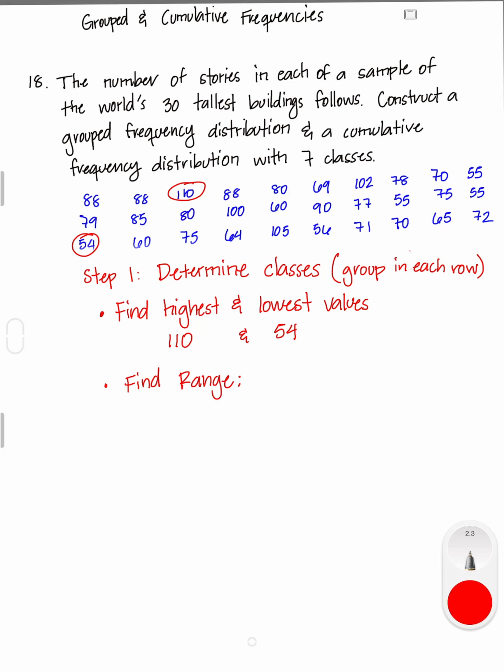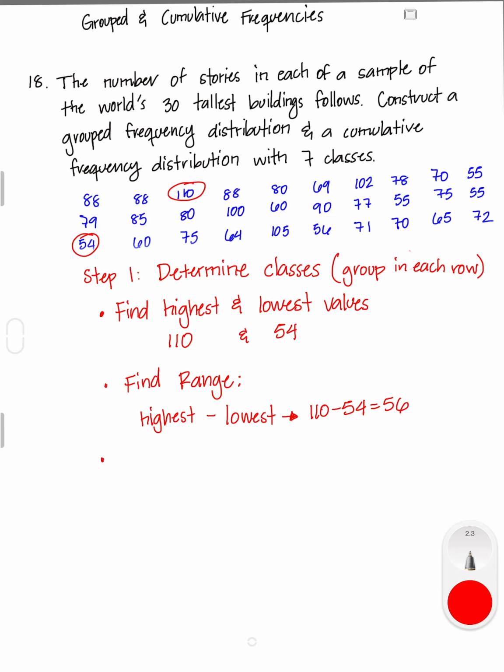To find the range, I take the highest value minus the lowest, which is 110 minus 54, which equals 56.